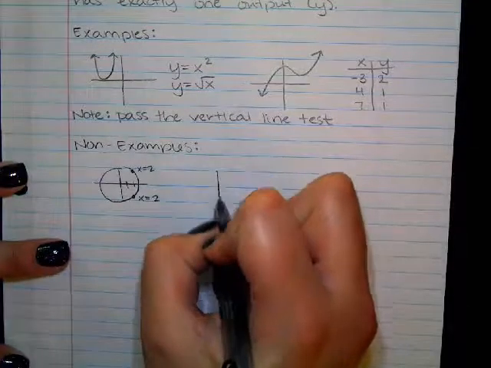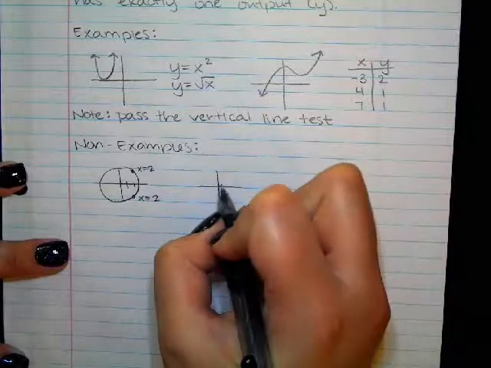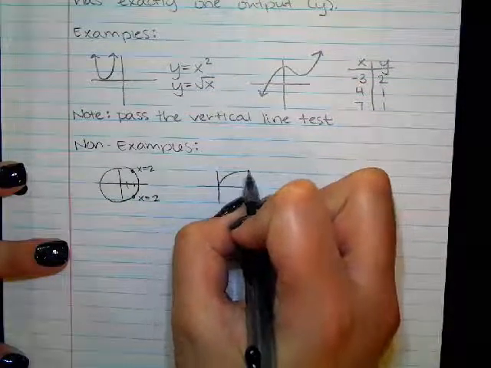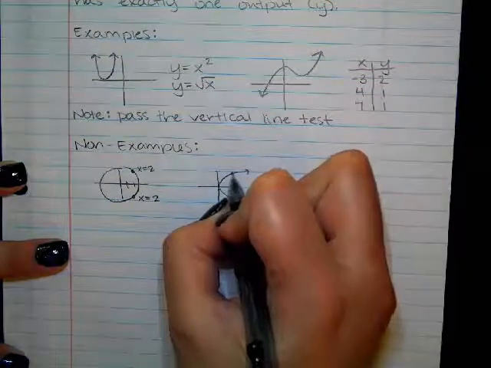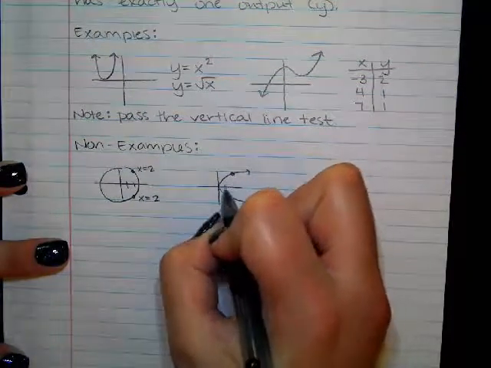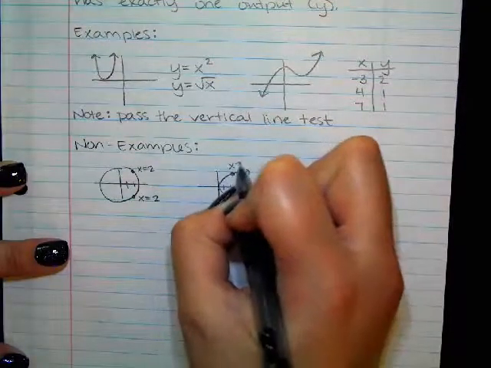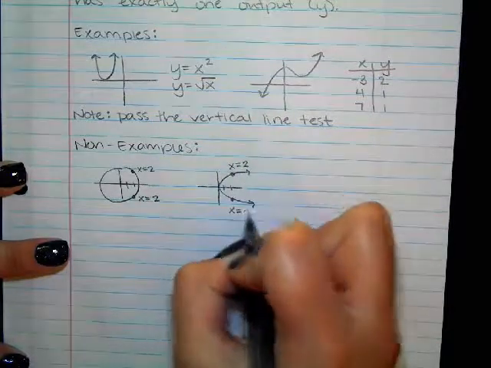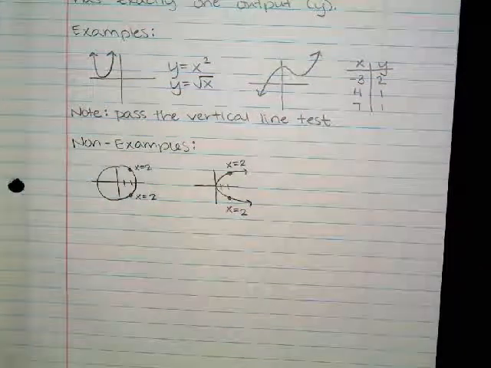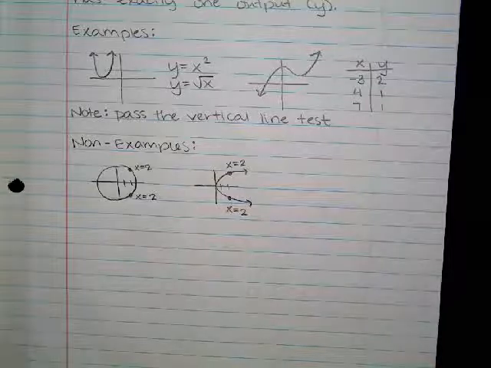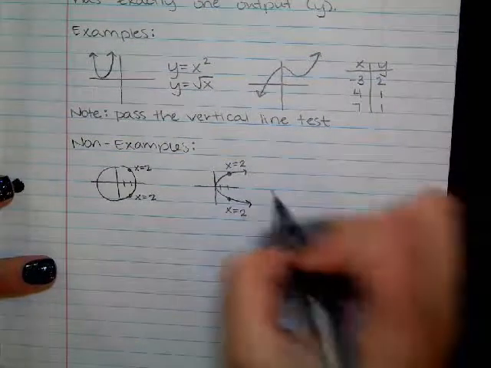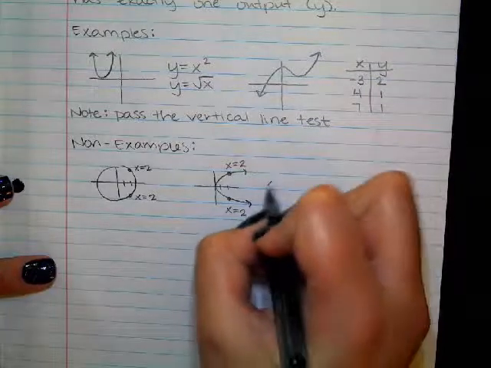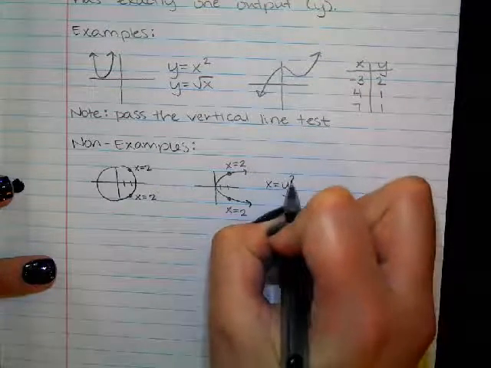Same thing over here, if I was to take a parabola and flip it on its side, we could have the same x value input. I'll go ahead and use 2 again. We could say x equals 2 and x equals 2, the same input with two different outputs. In fact, if you were to write the equation for this parabola, that equation would be x equals y squared.